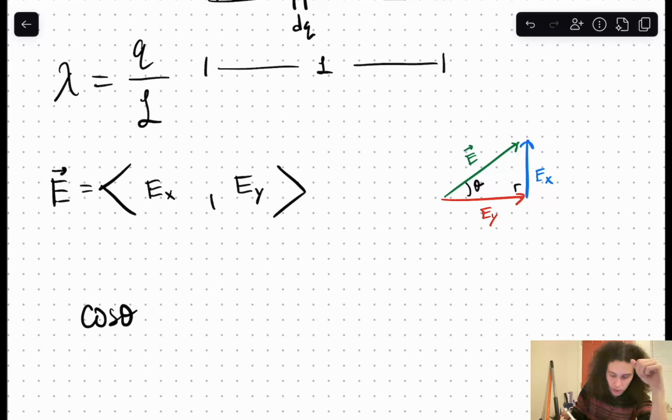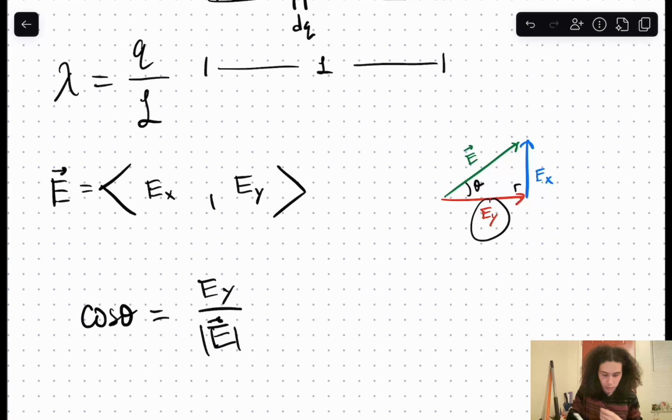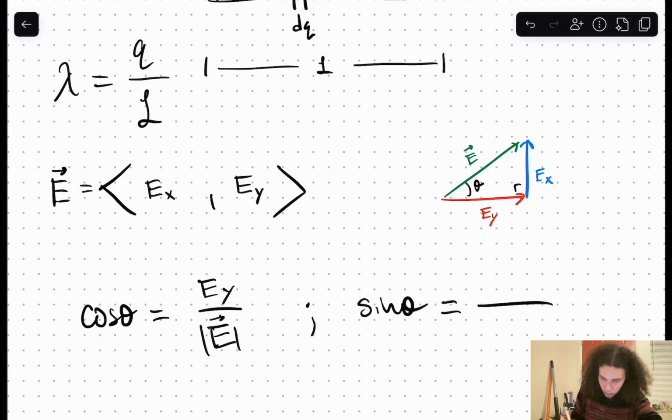So let's evaluate the cosine theta of this triangle here. Cosine theta is going to be equal to EY over the magnitude of this vector here. Then sine theta of this triangle here is going to be equal to x over the magnitude of this triangle.